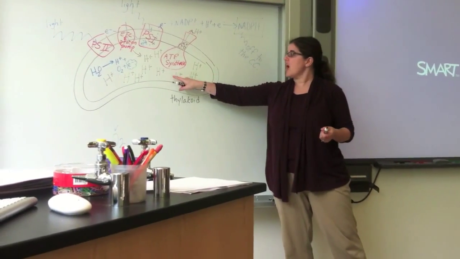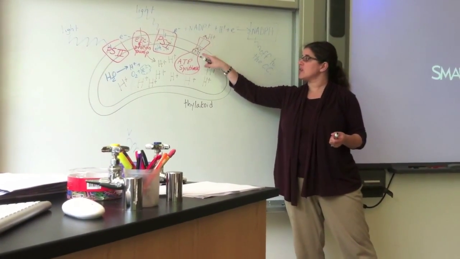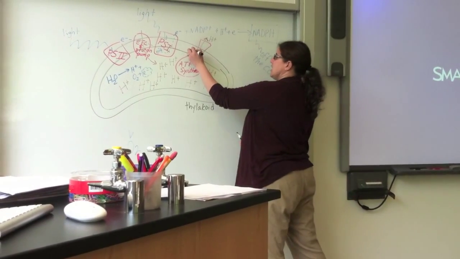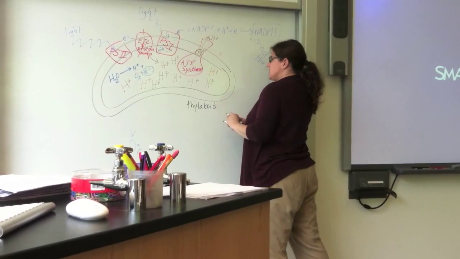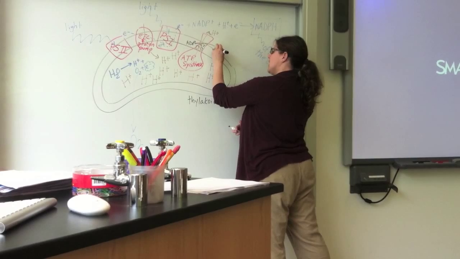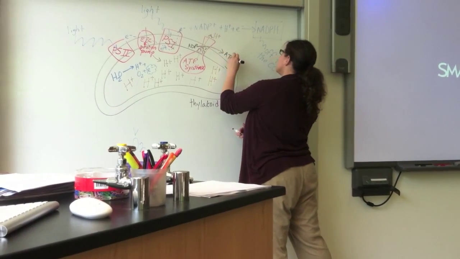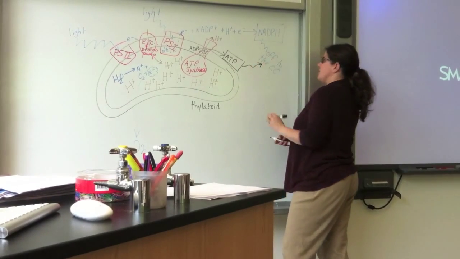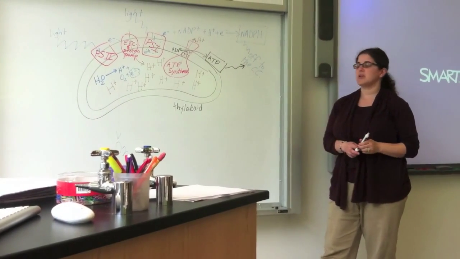Well, here, the hydrogen ions are what's flowing through, turning the wheel. And the work that's done is converting ADP into ATP. Okay? So then our ATP is going to go off to the Calvin cycle with our NADPH.